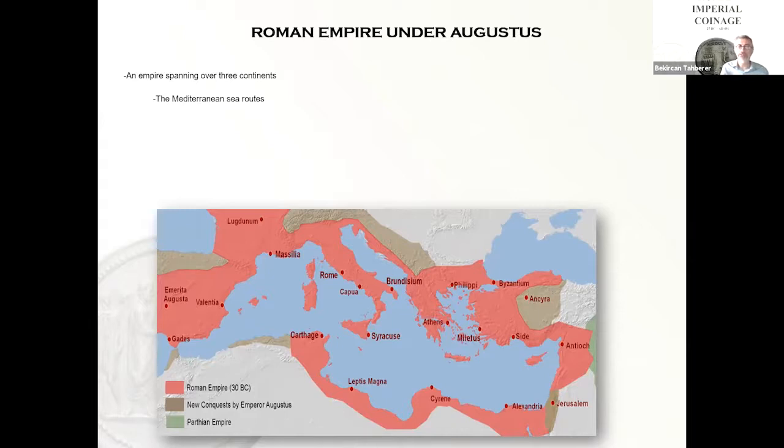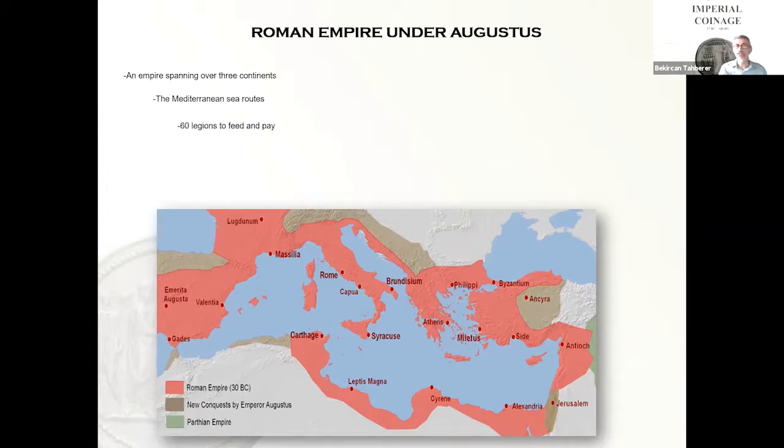And you can simply include the North African shores and Spain. So the area that he controls over the Mediterranean is enormous, and it's an enormous source of wealth for whoever controls that route.